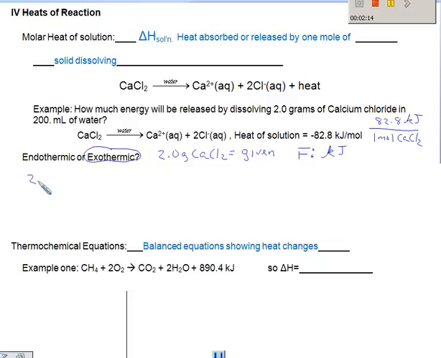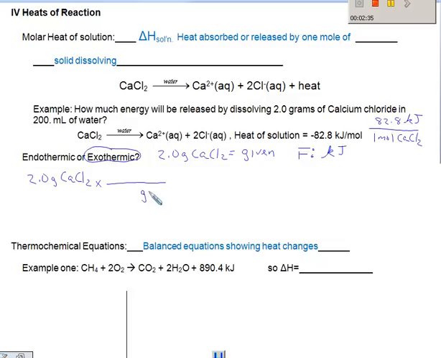So here we go. We have 2.0 grams of calcium chloride. We need to get over to kilojoules. Here's a conversion factor for us, but we need to get to moles in order to use this conversion factor. So we're going to have to convert to moles of calcium chloride.